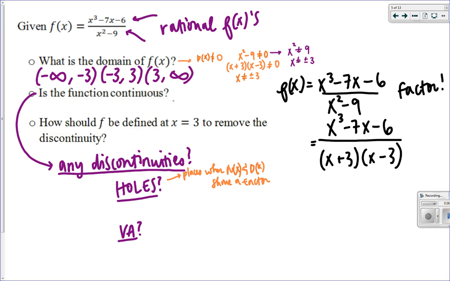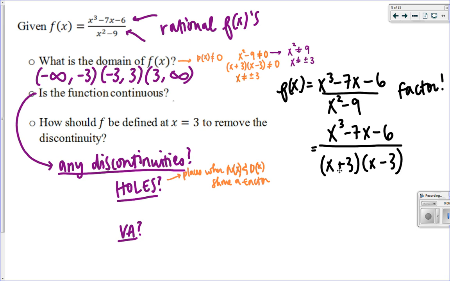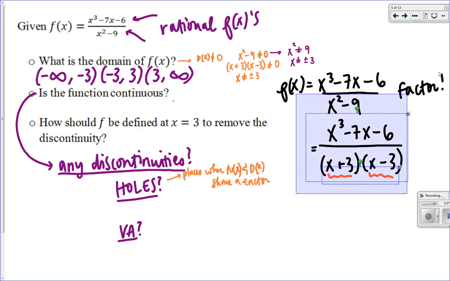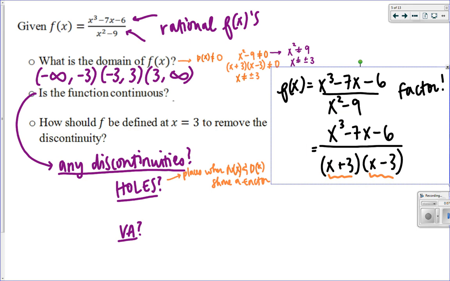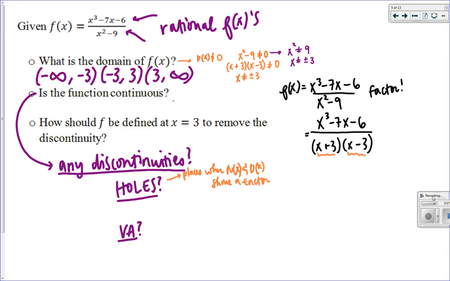But if I know that I need to find a hole, or that's what I'm looking for, I'm guessing that the numerator will have either this factor or that factor. Both of those are really good places to start. Because we are in an online format, I'm just going to tell you the answer right now.